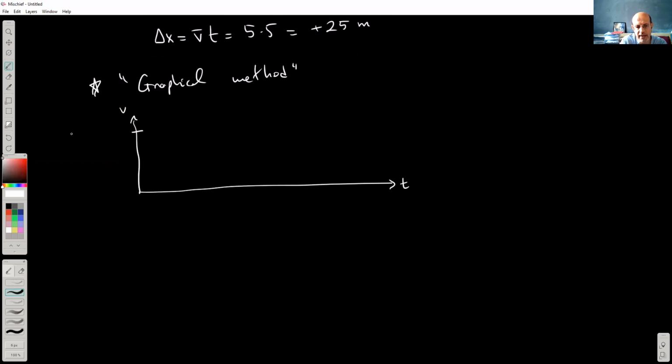We have the initial velocity here, v0, that's 35 meters per second. Then there's this time here, that's 5 seconds. And this is the final velocity, so v is equal to minus 25 meters per second. Let me extend this axis like that.